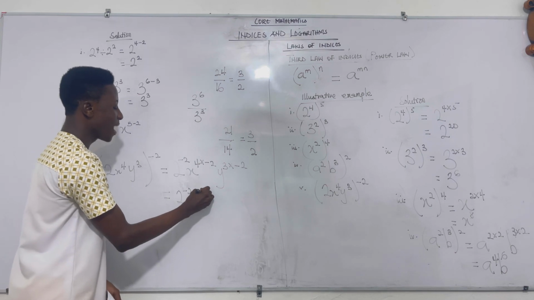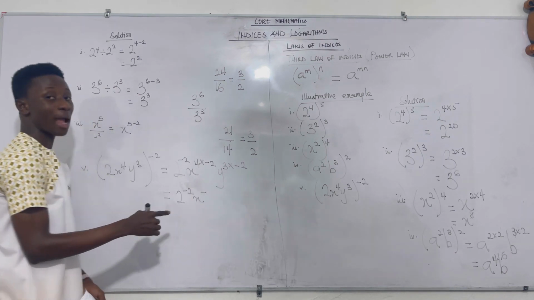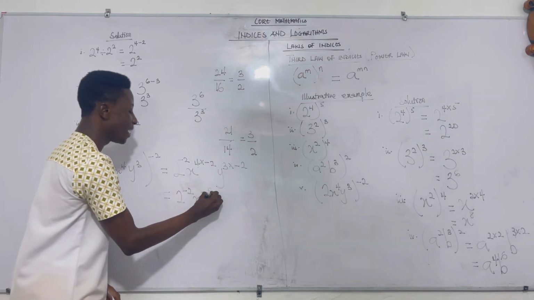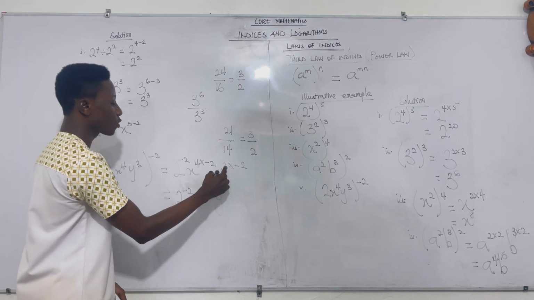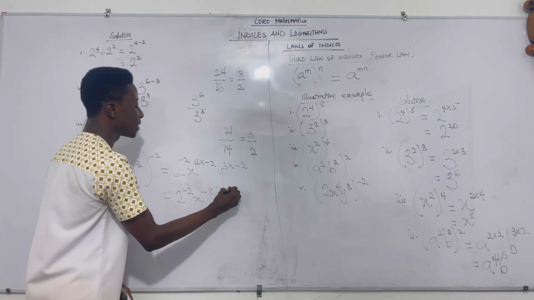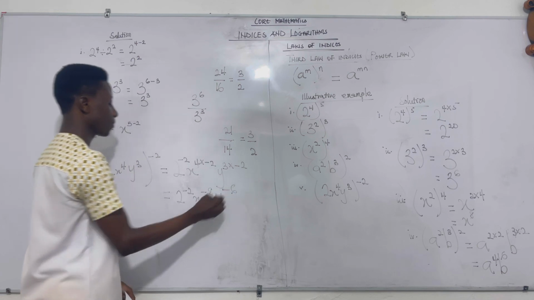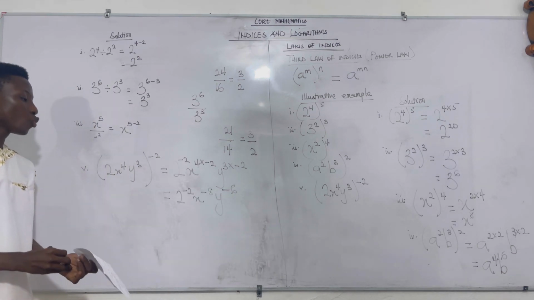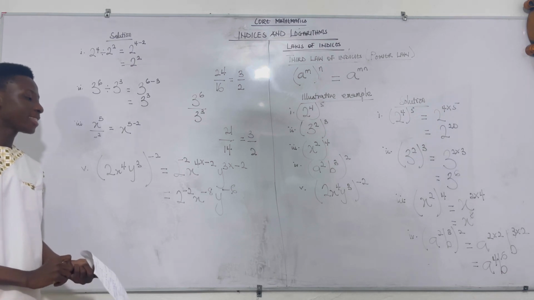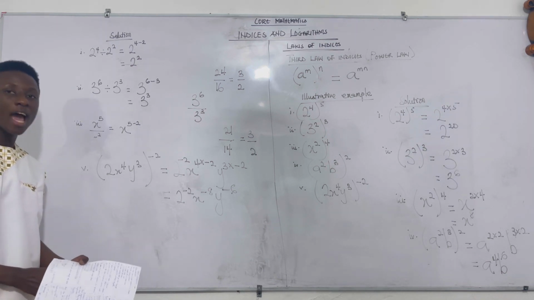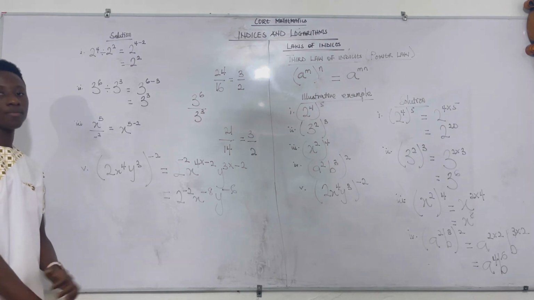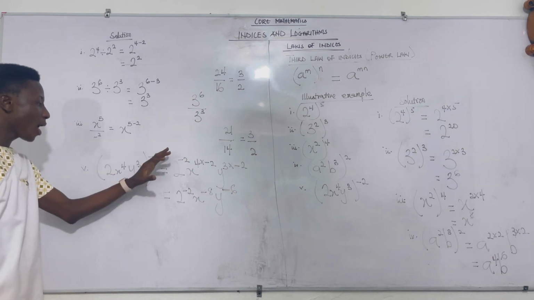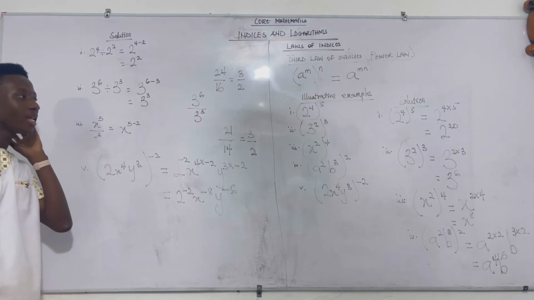X exponent negative, the result for 4 times negative 2 is negative 8. Then y, the result for 3 times negative 2 is negative 6. And that is it. So you have 2 index negative 2, x index negative 8, and y index negative 6. Right. The power affects each single term in the bracket.